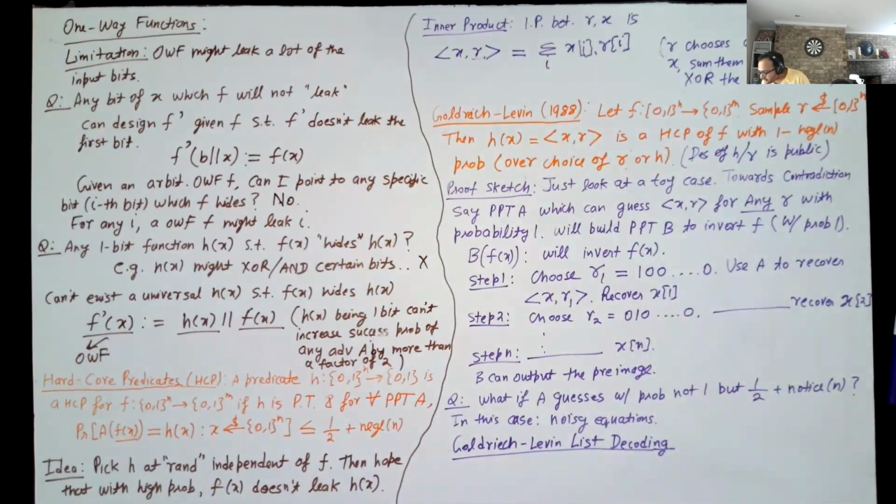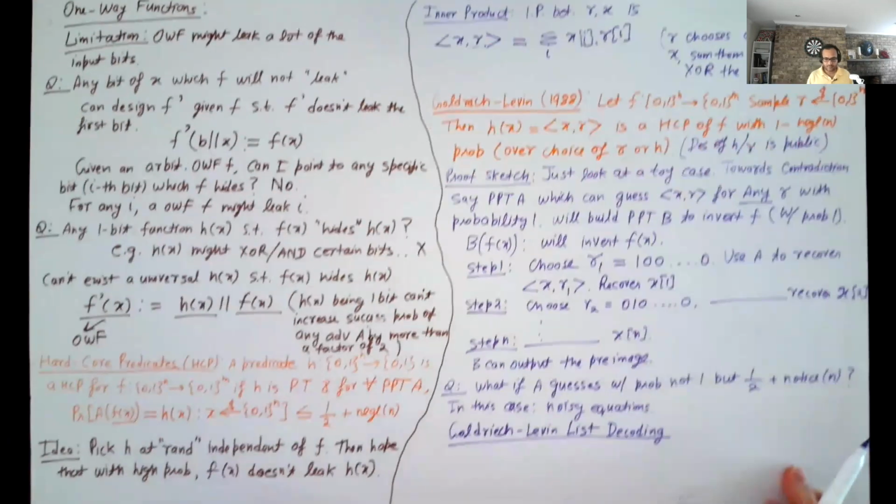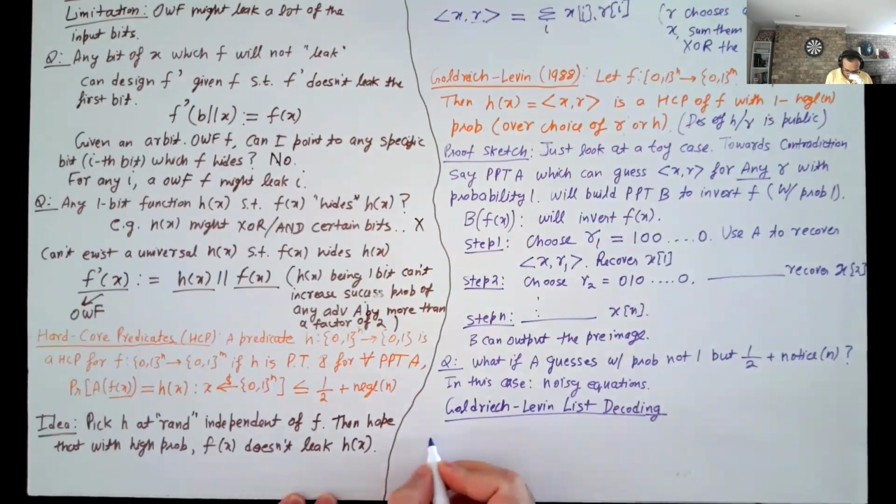So there's a question about the definition of inner product. What do you mean by R chooses a subset of bits of X over mod 2? Okay. So maybe I should give an example of inner product. What is the inner product of, let's take X to be 0, 1, 1, 0, and let's take R to be 1, 0, 1, 1.